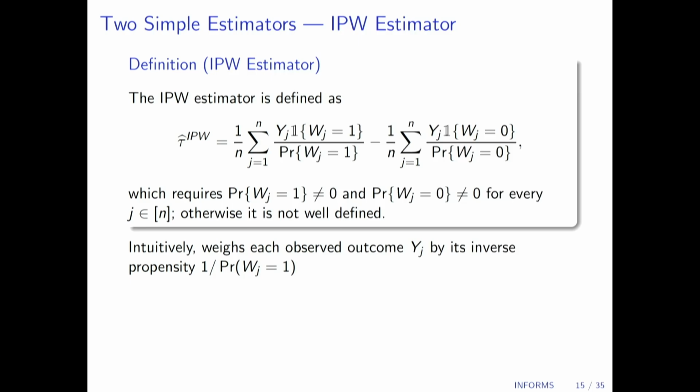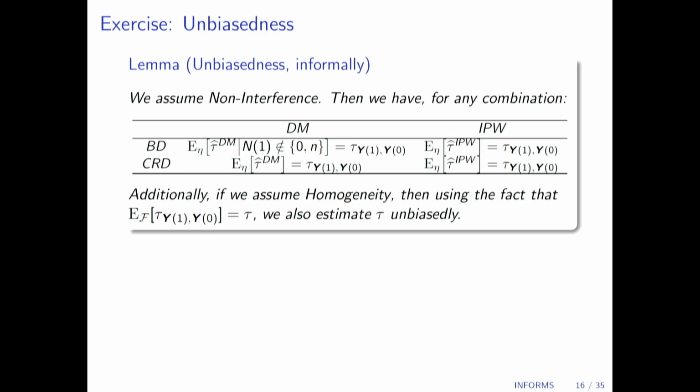Both of these estimators are very popular in the literature, and there are lots of works on studying these types of estimators. One quick exercise that we can do: so far we talked about 2 randomized designs and 2 estimators. No matter which combination we choose, we can always unbiasedly estimate the treatment effect, the causal effect that we're interested in estimating.